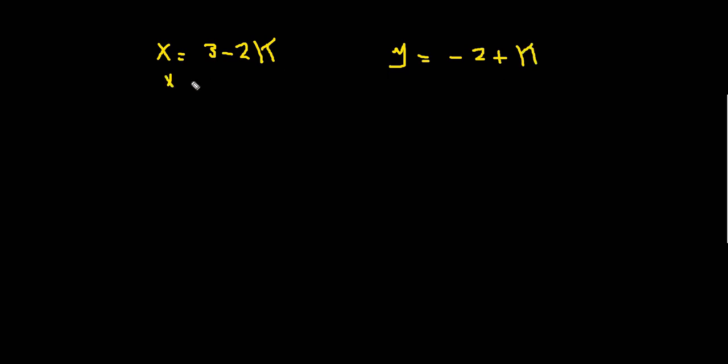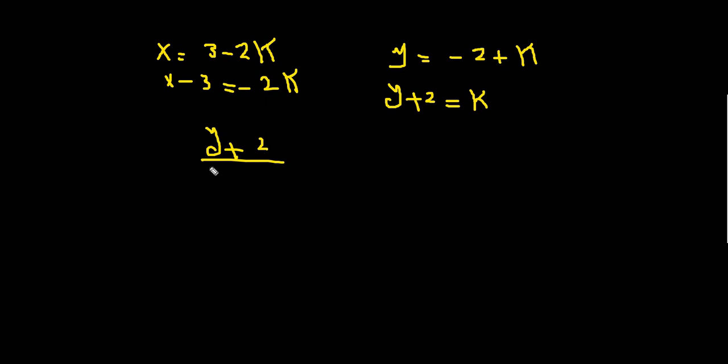So x minus 3 equals negative 2k, and y plus 2 equals k. Then y plus 2 over x minus 3 equals k over negative 2k.